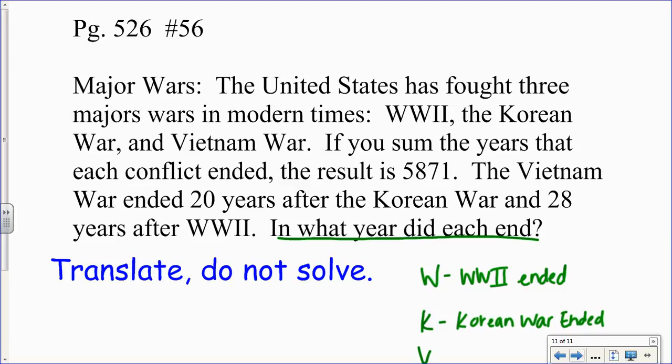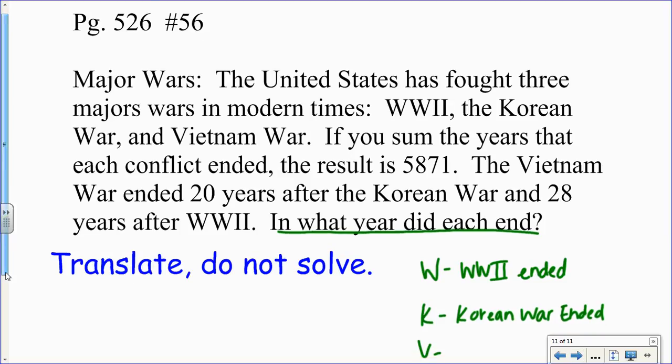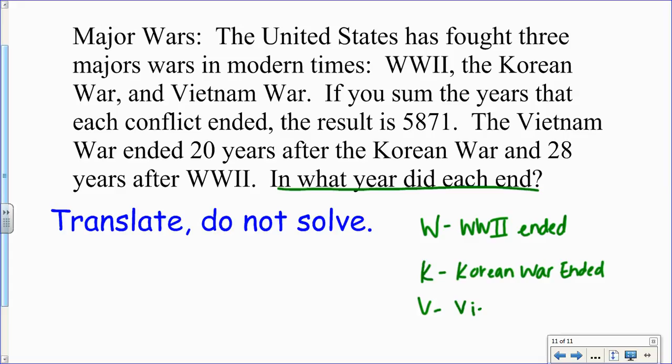And V is when the Vietnam War ended. Alright, now let's set up our equation. So three variables, you want three equations.